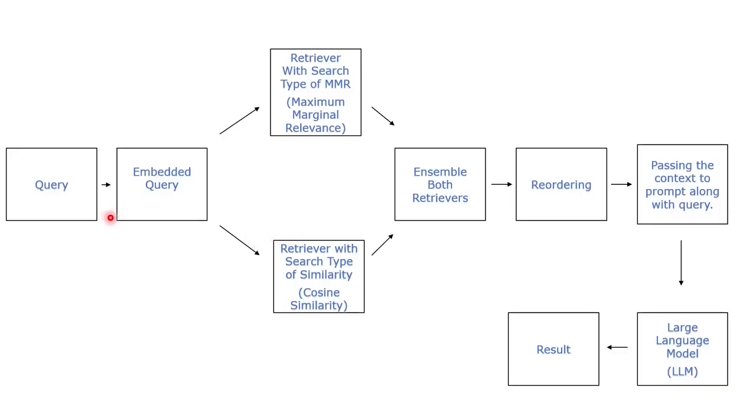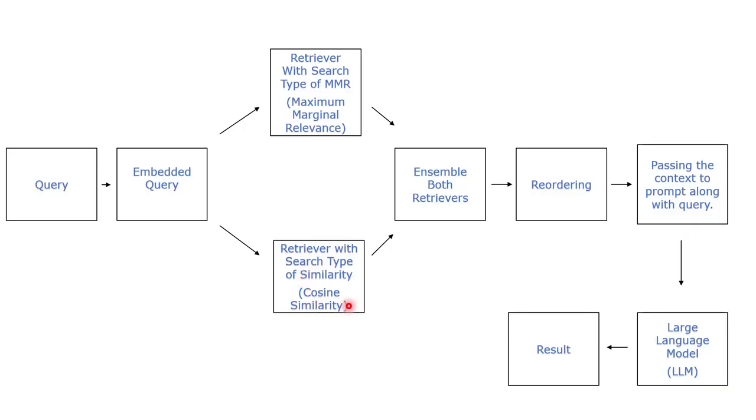We pass that embedding query to our retrievers. Here we are using two retrievers. One retriever uses search type MMR, maximal marginal relevance, and another uses cosine similarity.